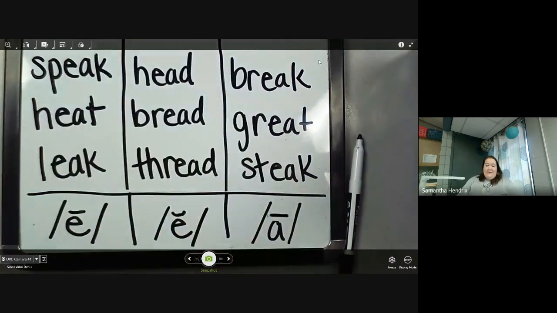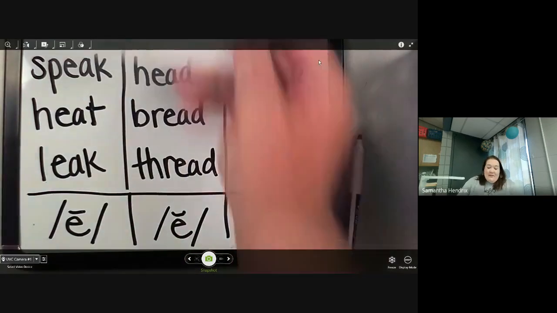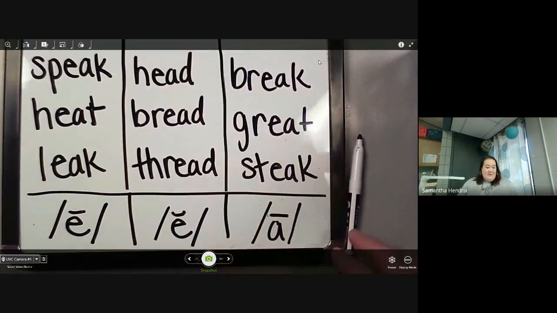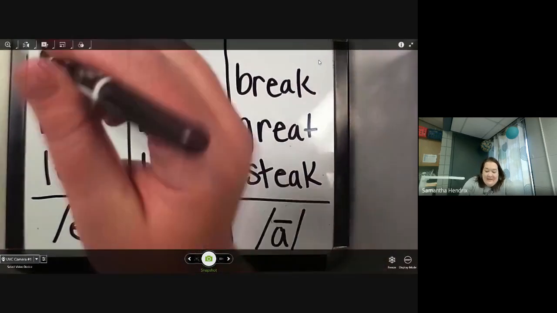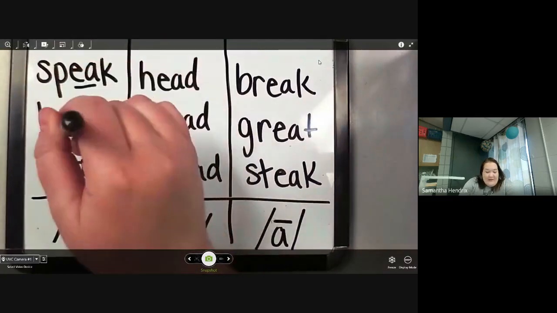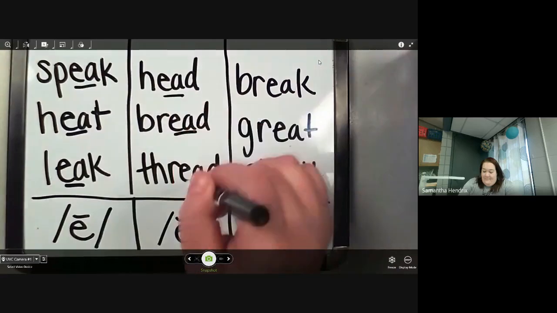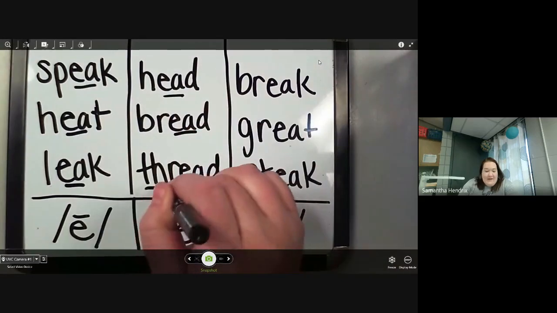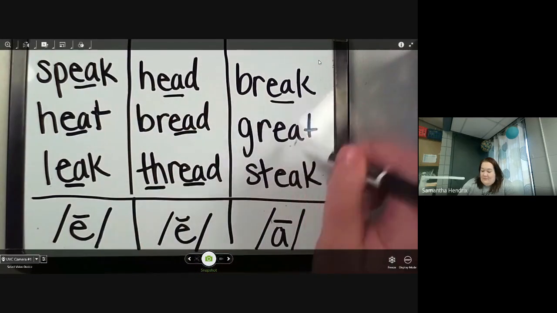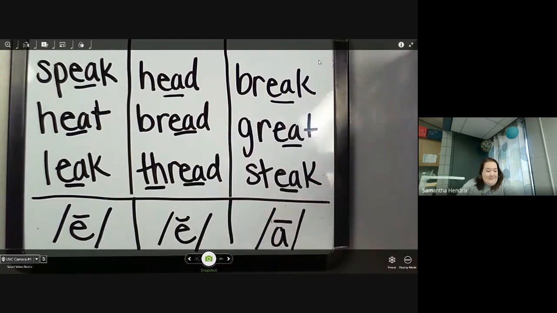Okay? Now we're going to do some practice. We're going to code these and then practice some more. So, like any other digraph, we underline. So let's underline all our digraphs. That's digraph TH. Okay.